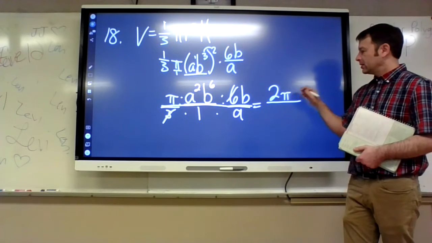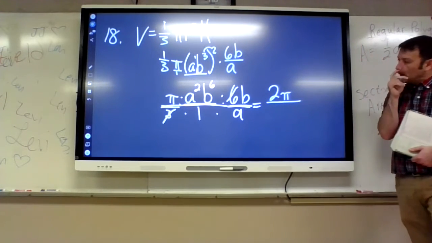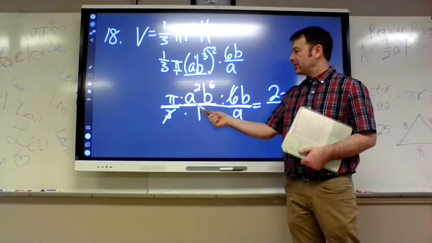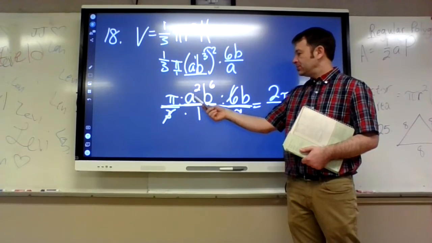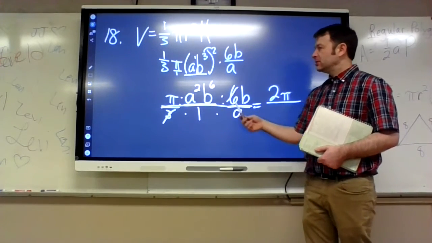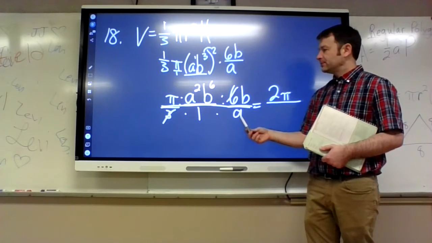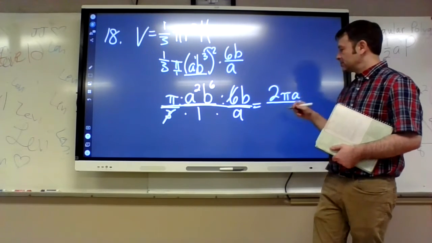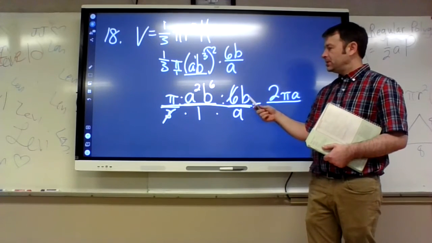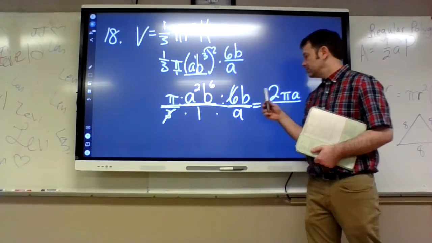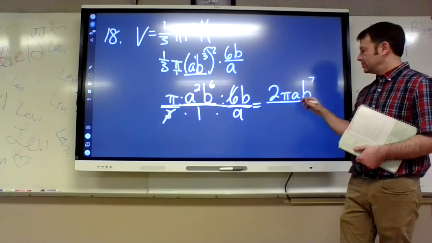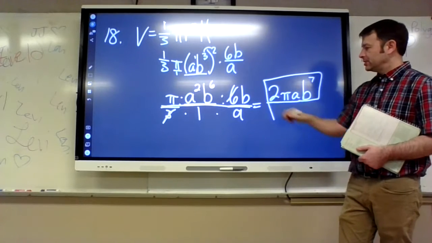Then we'll go in alphabetical order. A squared, and I see an a on the bottom. What's a squared divided by a? A, on top. And then I see b to the 6 times b, which is b to the 7. So it looks like nothing was on the bottom, so we don't really need a fraction.